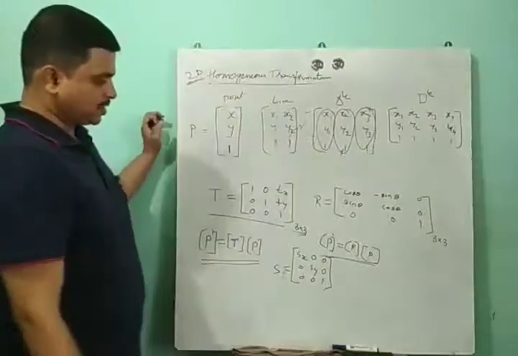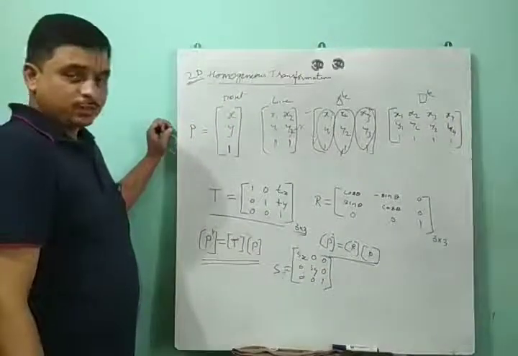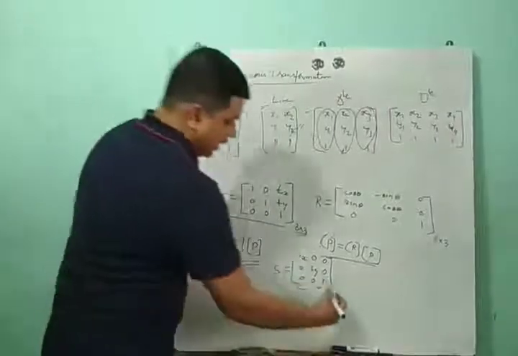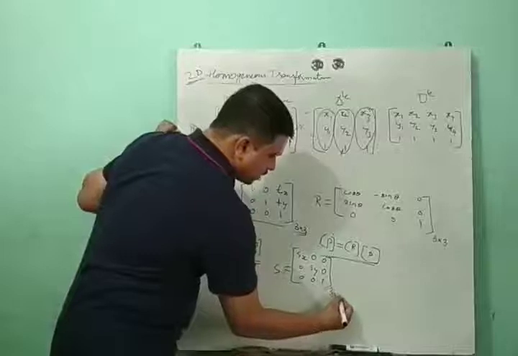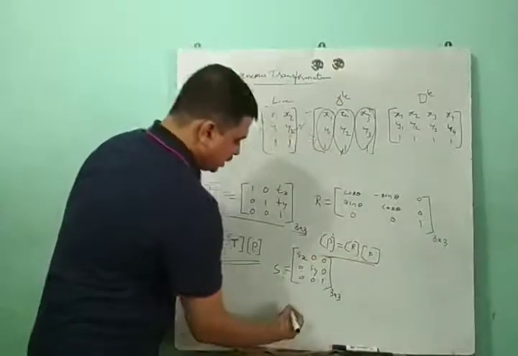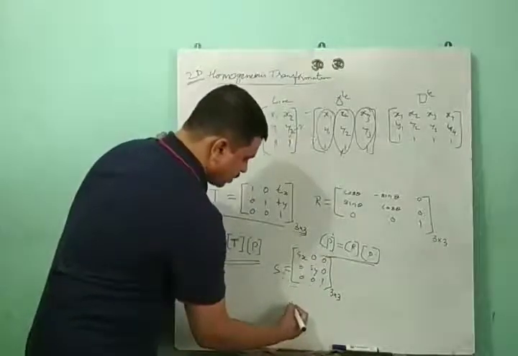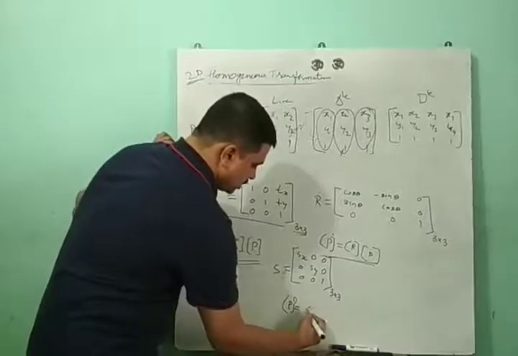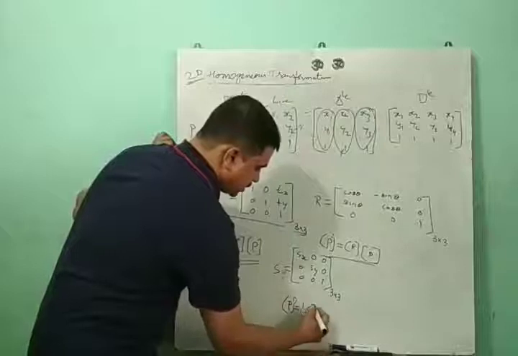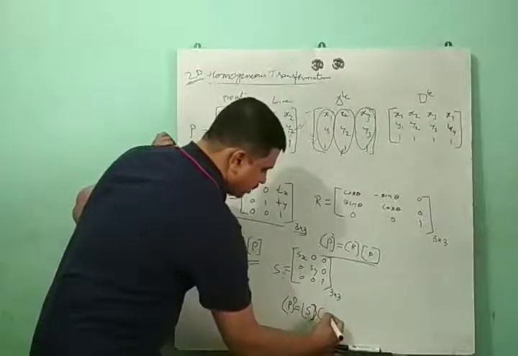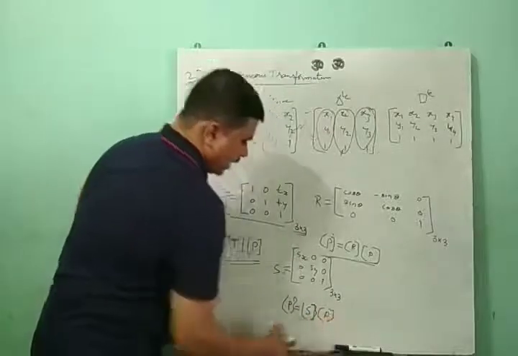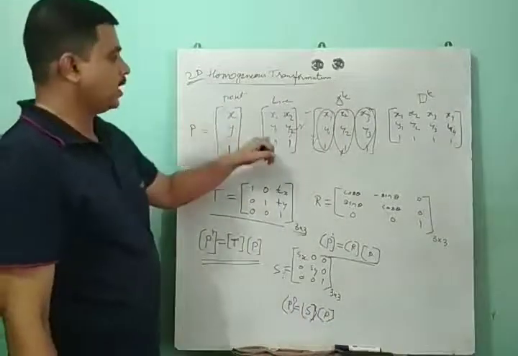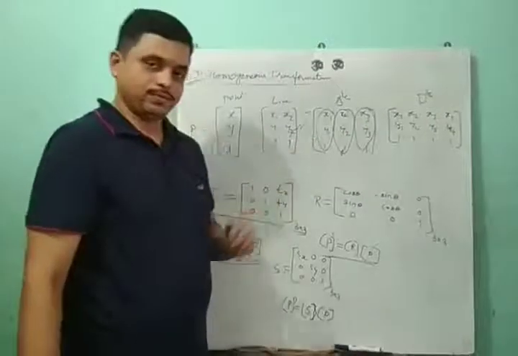So this is the representation of the transformation matrix for scaling in homogeneous form, and again here it is 3 cross 3. And again the general form is P dash is equal to the transformation matrix S multiplied by the given point P. And again this P can be a point or a line or a triangle or a rectangle.